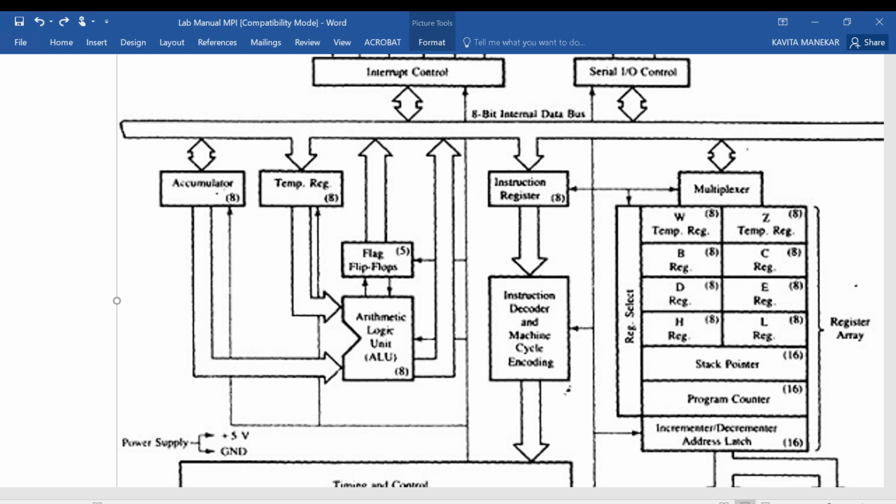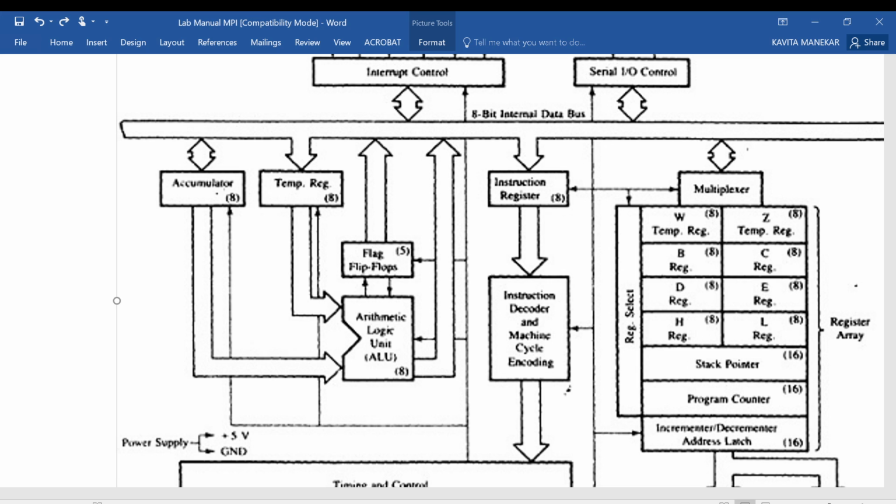Now beside the ALU there are two more blocks: the instruction register, and below that the instruction decoder, that is the machine cycle encoding block. The instruction register, again an 8-bit register, contains the instruction that has to be processed by the ALU.